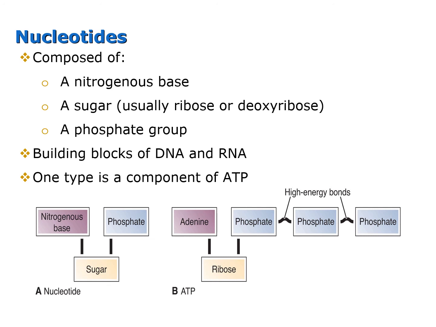Usually the sugar is called either ribose or a related sugar called deoxyribose. So I have R for ribose and D for deoxyribose, and you'll see in a second how that connects with their names. And we have a phosphate group, which contains obviously phosphorus. So again, a nitrogenous base, a sugar, and a phosphate.